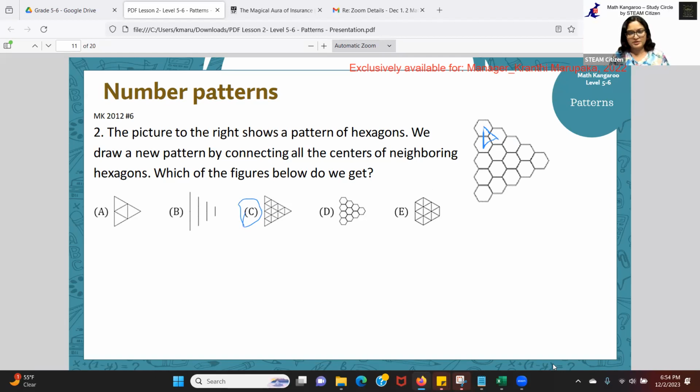Yeah, it does make sense. So you used the concept of patterns, first of all, in coming up with the very first triangle, and then you extrapolated that as a pattern to the remaining part of the image, right? So that's how you use the concept of pattern identification. And then you look at which ones have the triangles. A also has a triangle, just like C, but you need a lot of those.